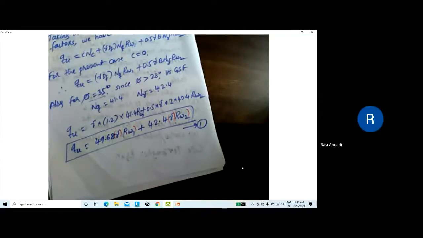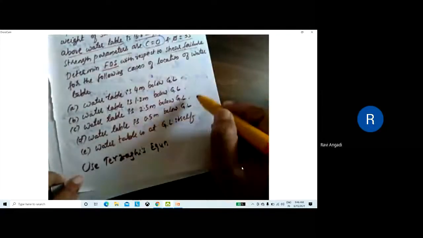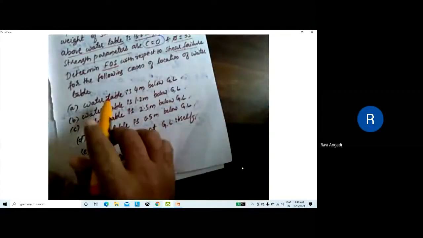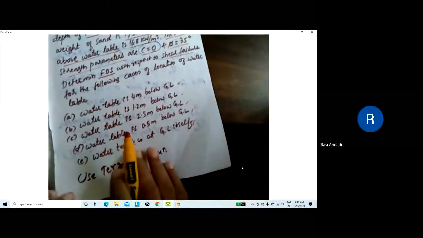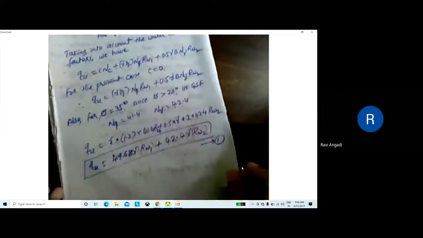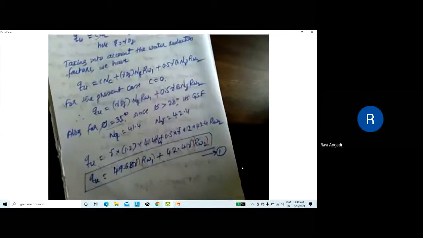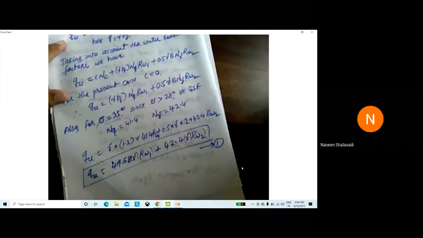Means first case we will consider. See here the various cases are given: case 1, case 2, case 3, 4, 5, like this. First we'll consider the first case and substitute gamma, RW1 and RW2 and calculate. Understood this equation? Any doubt here? No, sir.